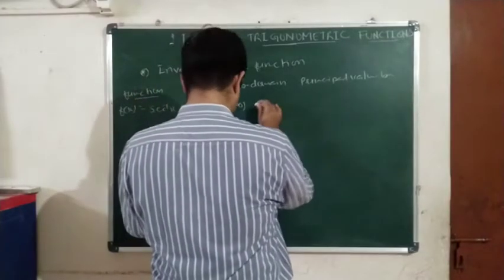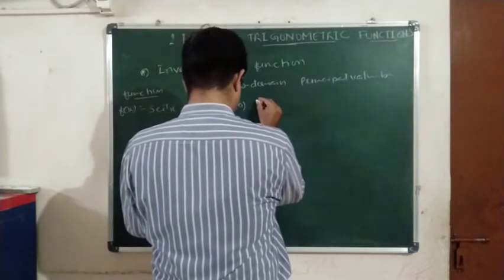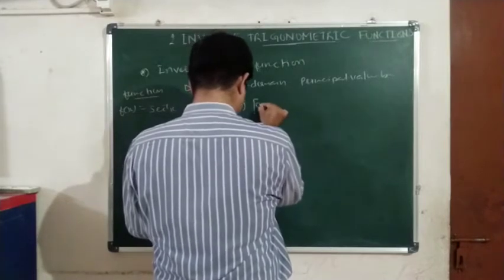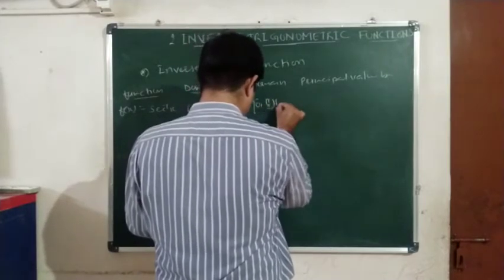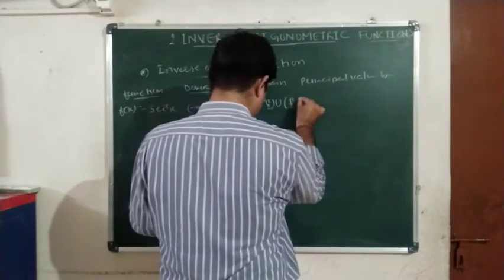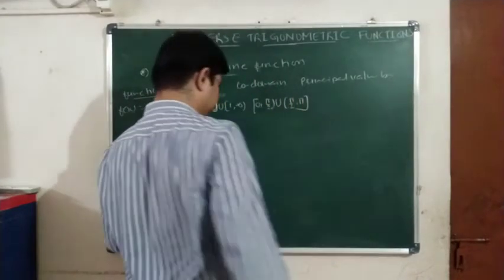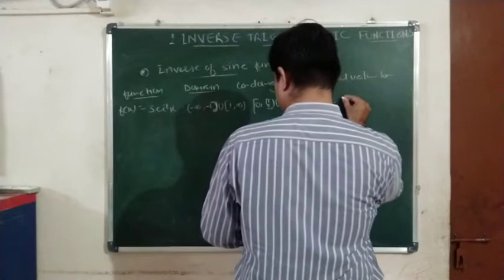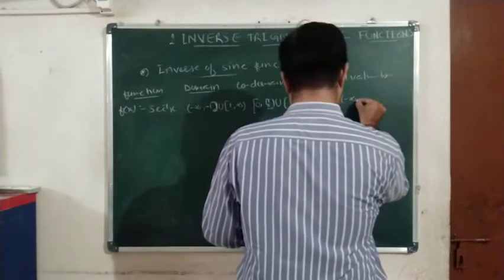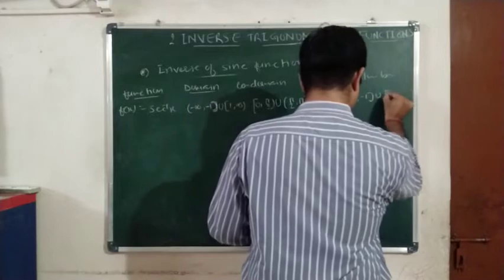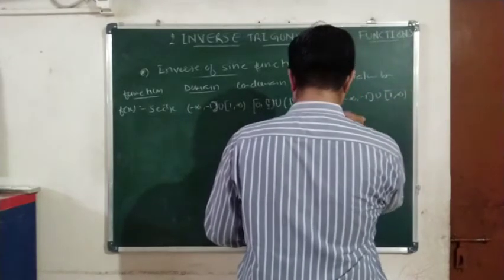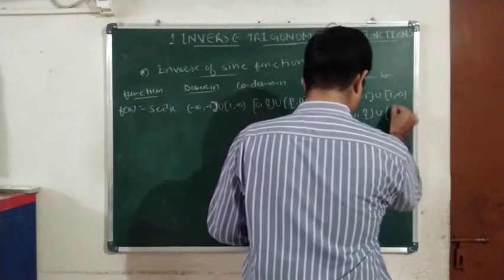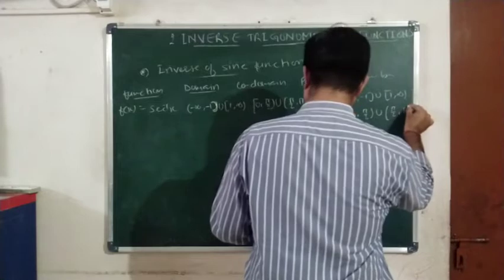Codomain is 0 to pi by 2 union pi by 2 to pi. Okay, and principal value branch is from minus infinity to minus 1 union 1 to infinity to 0 to pi by 2 union pi by 2 to pi.